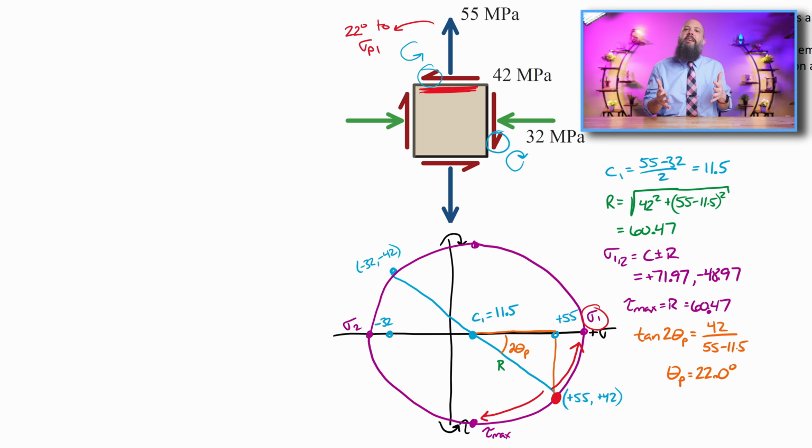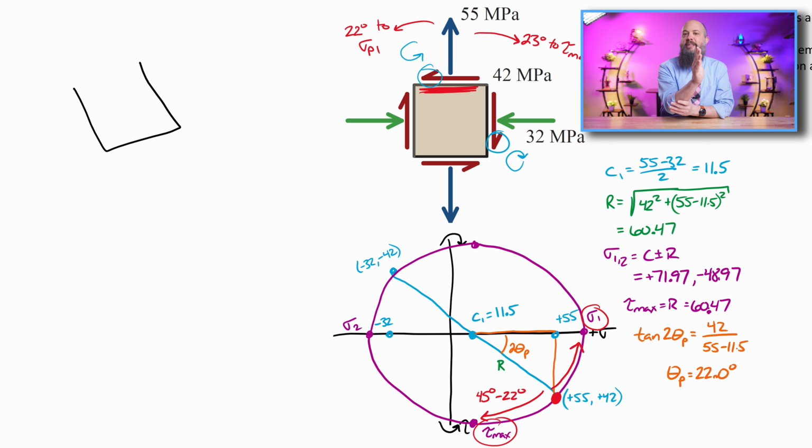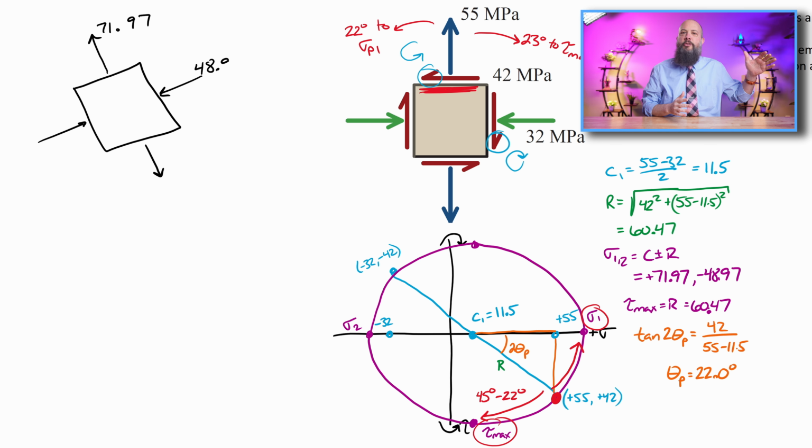what that means is if I take my square, my original stress element, and rotate it that same direction, 22 degrees in the counterclockwise direction, then that 55 megapascals that was on top will now be pointing in the direction of P1, the principal stress one, the maximum principal stress, the one that's pointed all the way to the right.